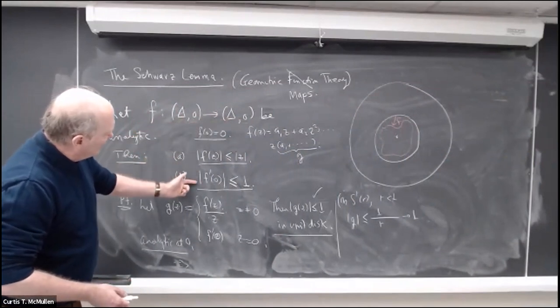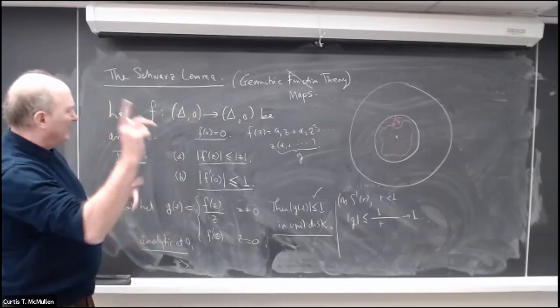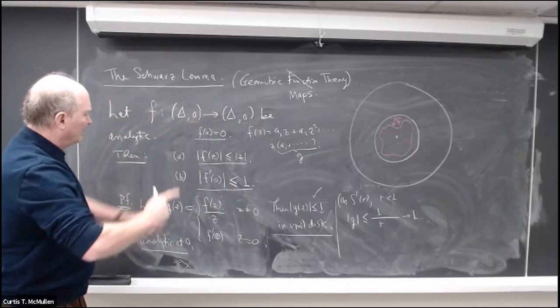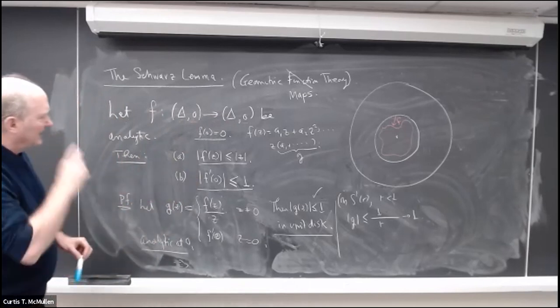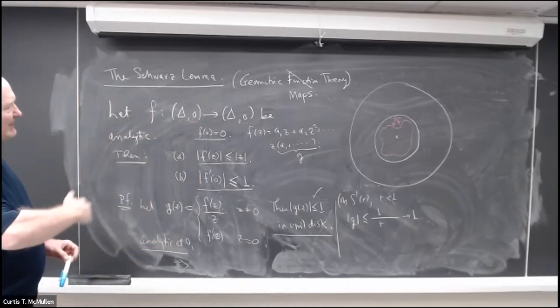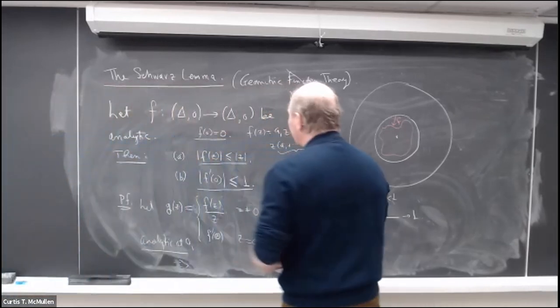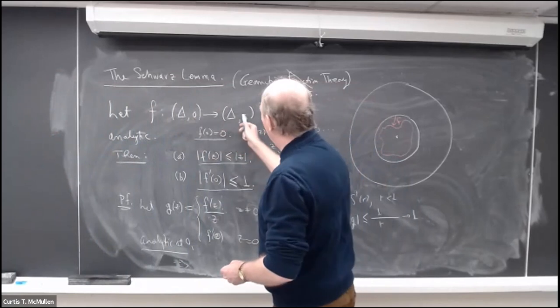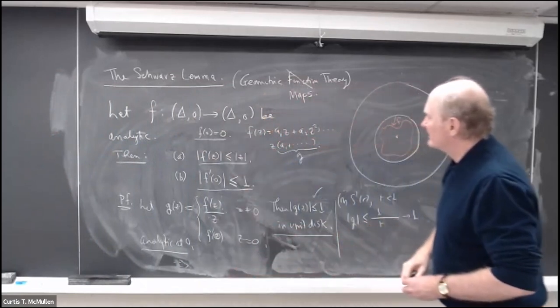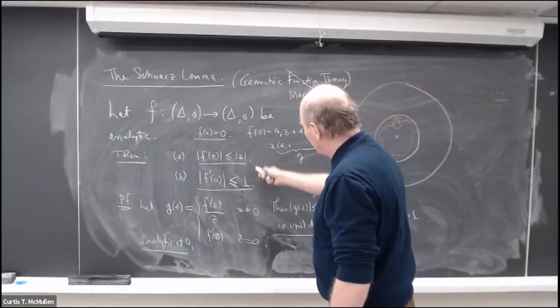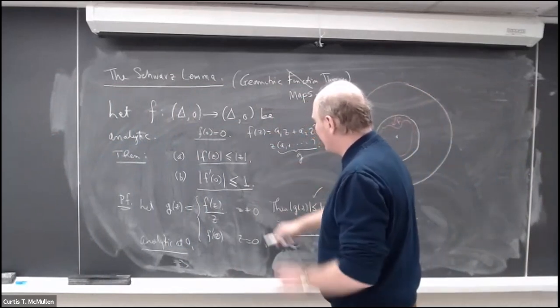That is, f prime of 0 being less than or equal to 1 means the length of a vector there gets no longer when you apply the derivative of f to it. But since the hyperbolic metric is invariant under automorphisms of the disk, that statement doesn't depend on 0 being sent to itself.